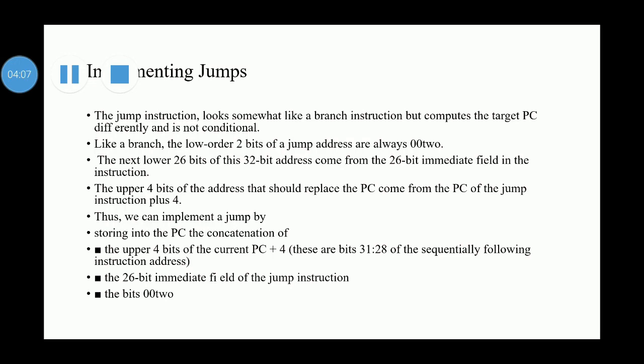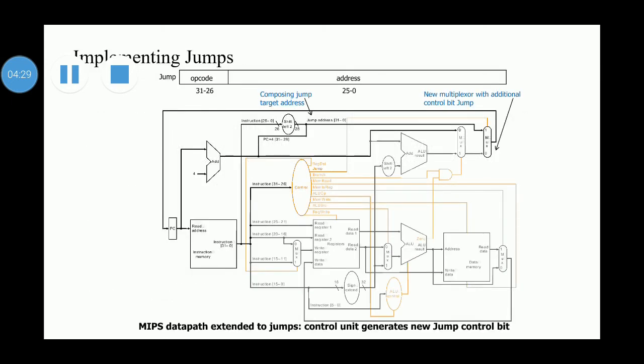Thus, we can implement a jump by storing into the program counter the concatenation of the upper 4 bits of the current program counter plus 4, that is, bits 28 to 31 of the sequentially following instruction address, the 26-bit immediate field of the jump instruction, and the bits 00 in base 2.